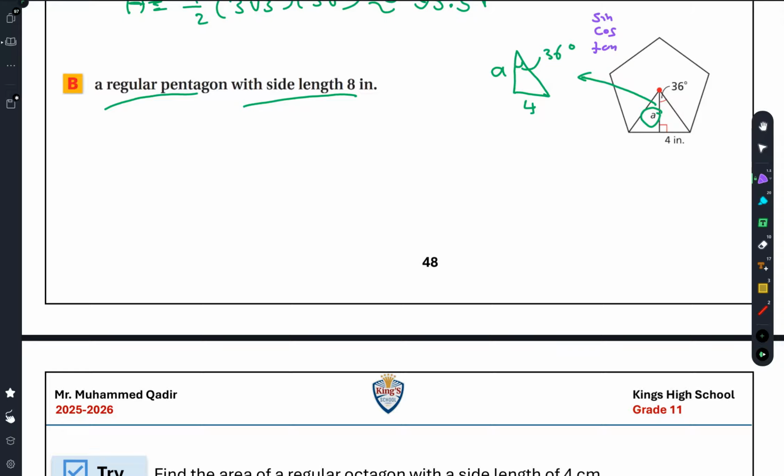If you remember, in this lesson we don't use sine and cosine, we just use tan, because most of the questions in this section can be solved by using tan.